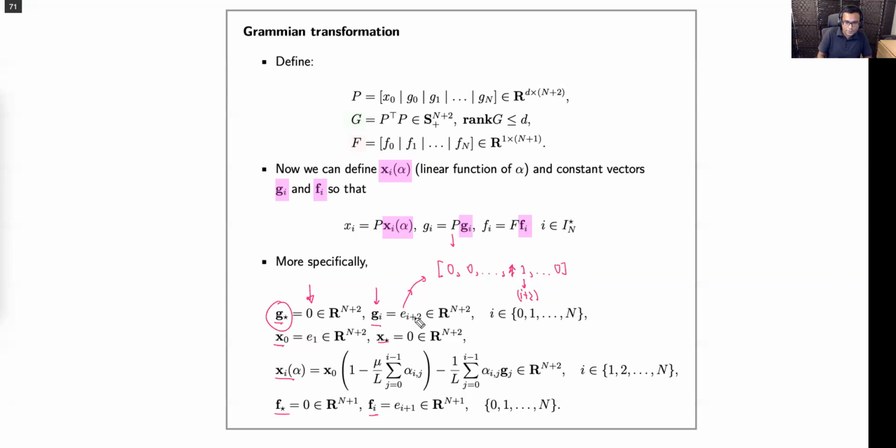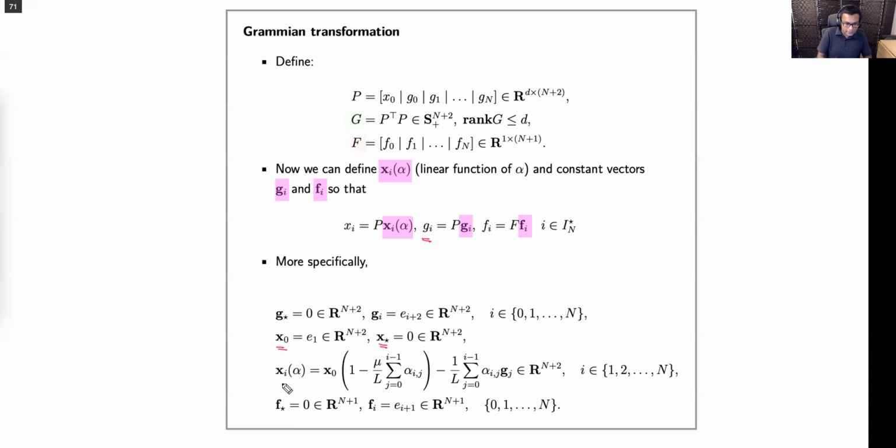So this is e i plus 2. If we multiply this with this matrix P, then we will get back our original small gi. Similarly, it goes for this bold x naught, x star, and so on.